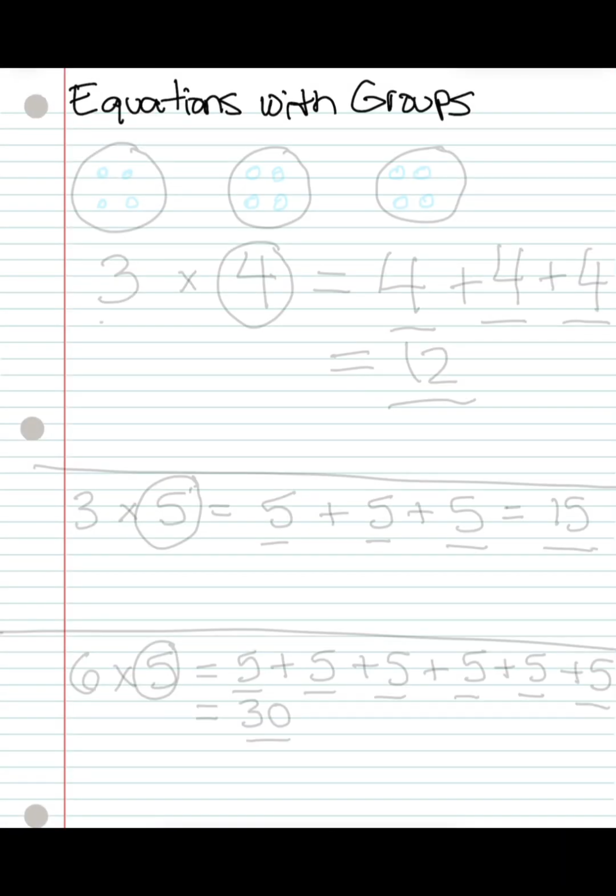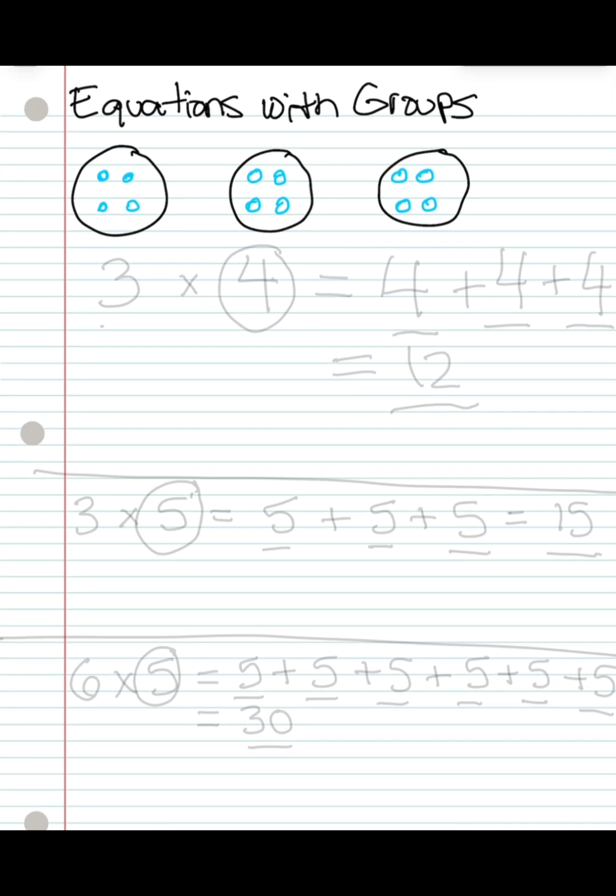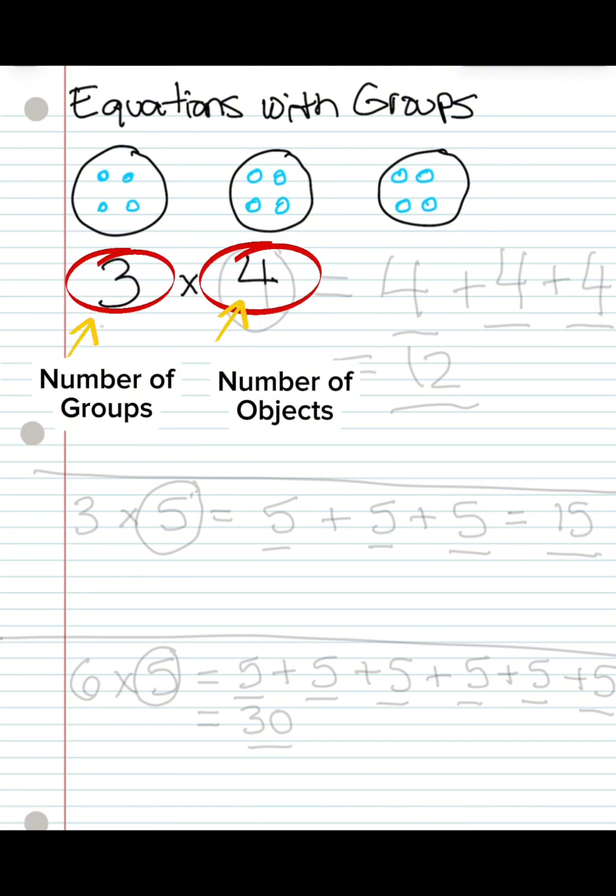Now let's talk about equations with groups. So let's say you have 3 groups, 1, 2, 3. And in each group, you have 4 objects. Now, an equation for this would be you have 3 groups, and you have 4 in each group.